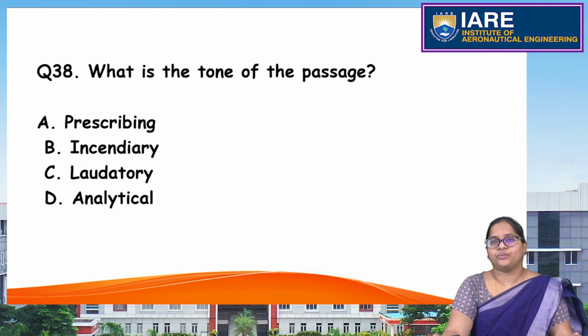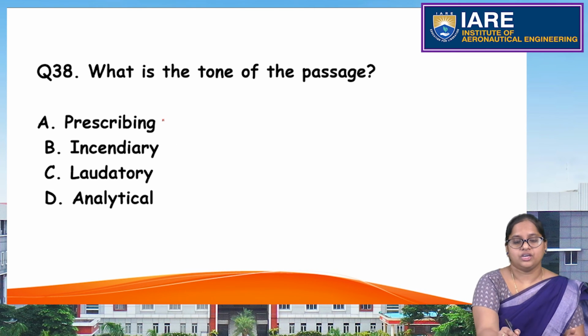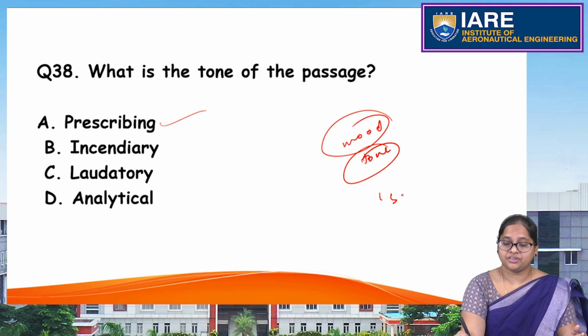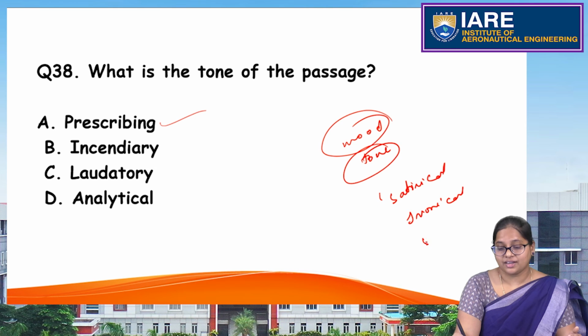Right? Now another question: what is the tone of the passage? Is it prescribing? You have to understand the mood and tone of the passage. These tones are different. The tones can be satirical, ironical, even very sarcastic.